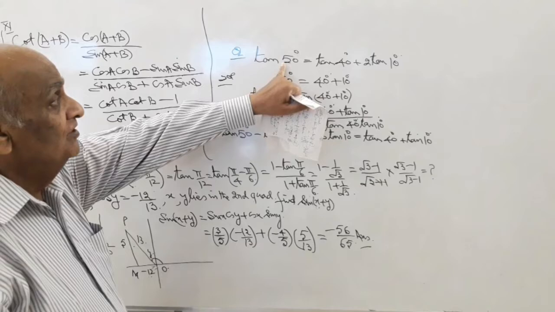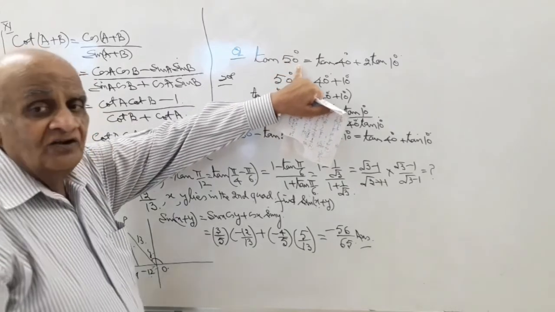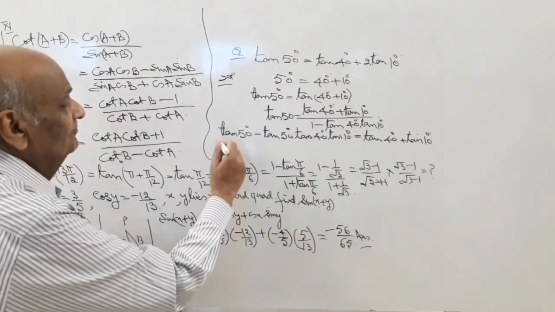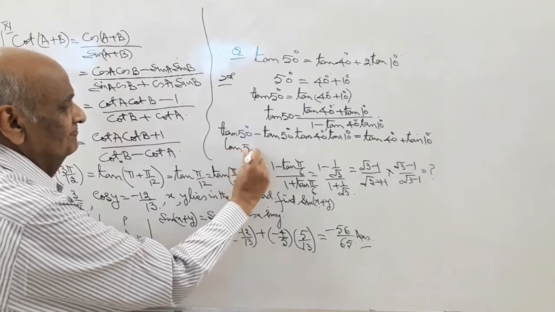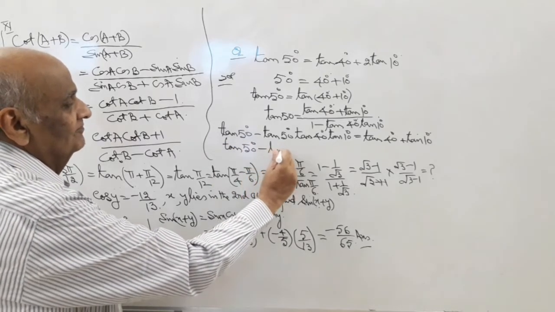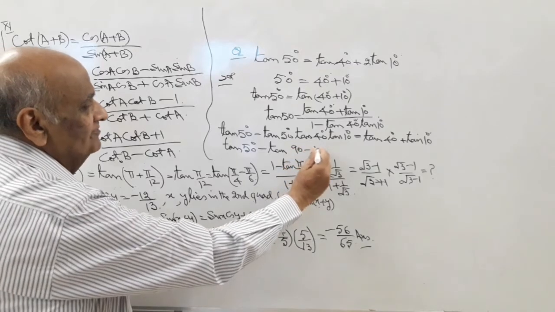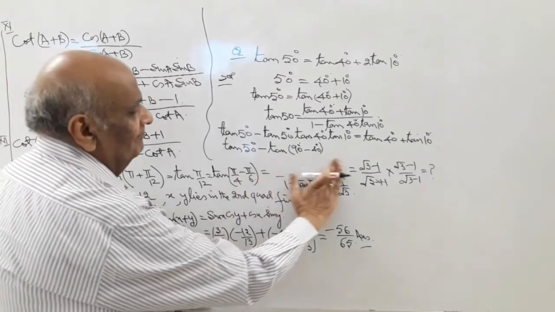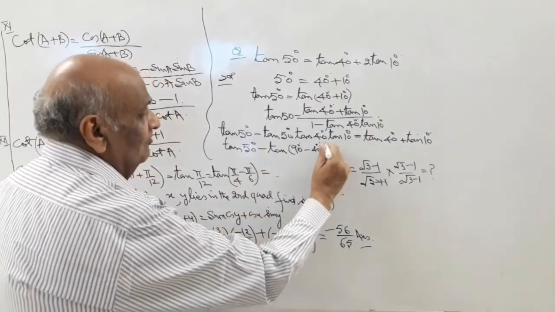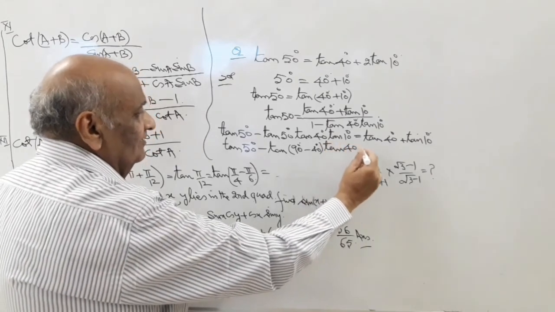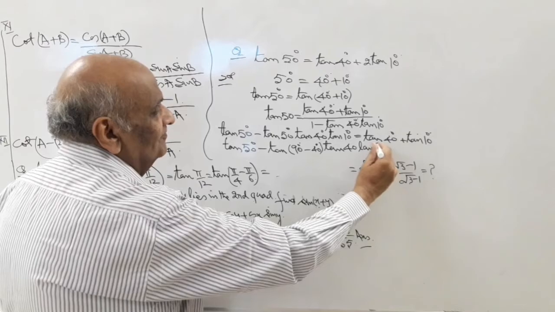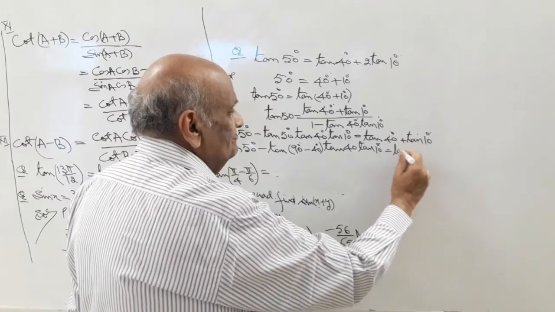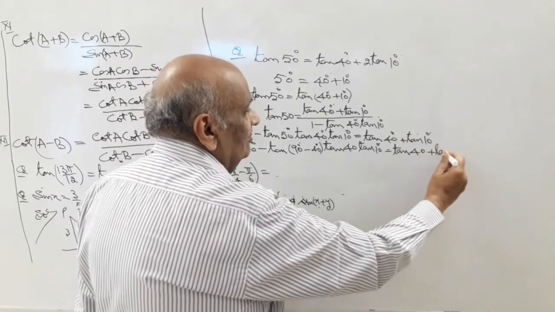We don't require the term tan 50 tan 40 tan 10, so we want to eliminate it. What we do is write tan 50 as tan of 90 minus 40, and then you have tangent of 40, tangent of 10, equal to tan 40 plus tangent of 10 degrees.